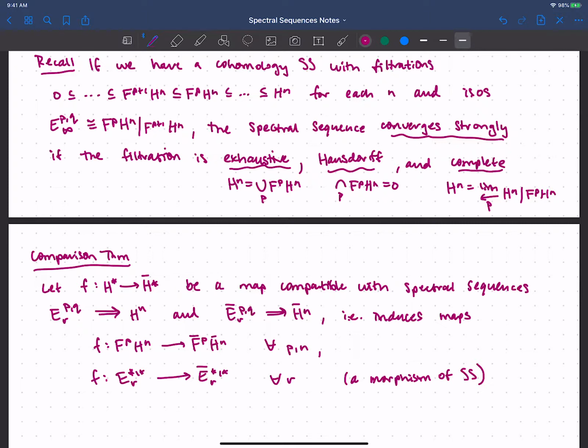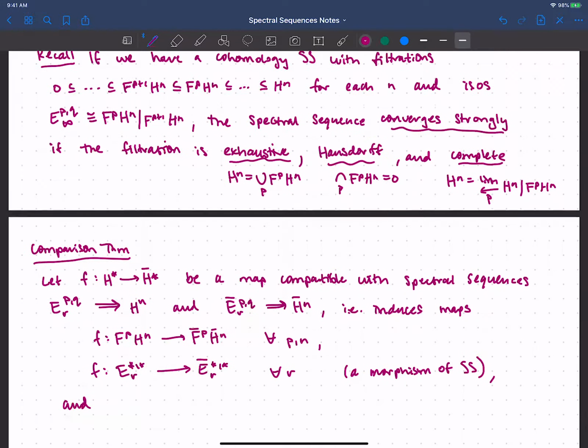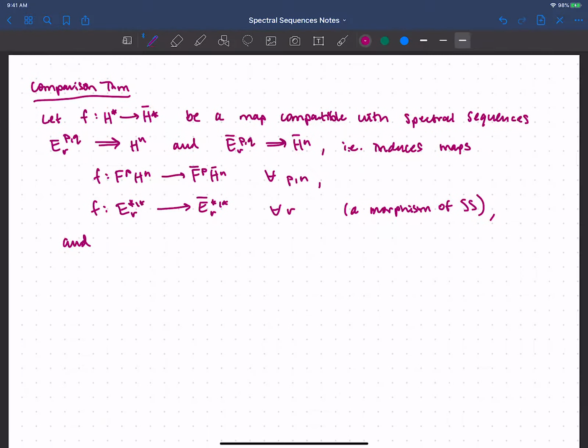So it commutes with the differential, and the one on the next page is induced by the previous one, okay? And then I also want that when I look at the E infinity term, well, saying this first spectral sequence converged to H^n meant that I had this identification with the filtration quotients.